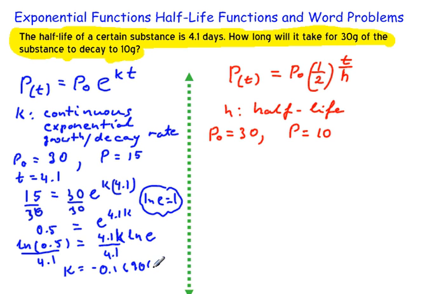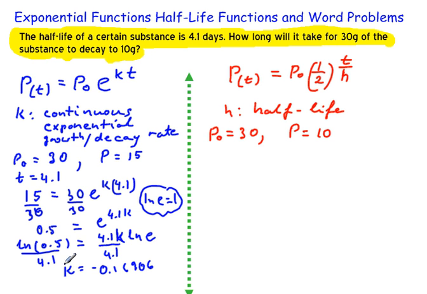Now, k is negative, which makes sense. So this is the decreasing type of function. So when you have negative exponent, you expect to decrease the value of p0 to any number except for 0, of course.